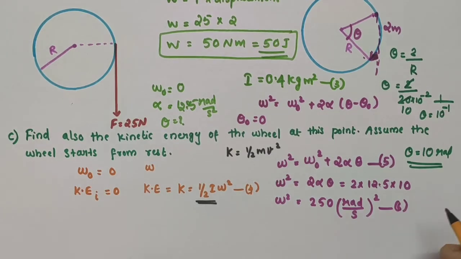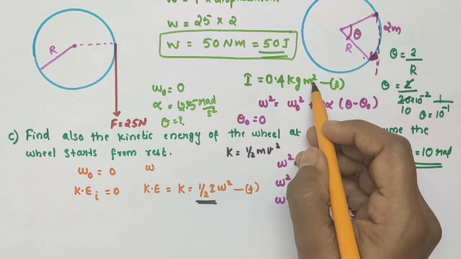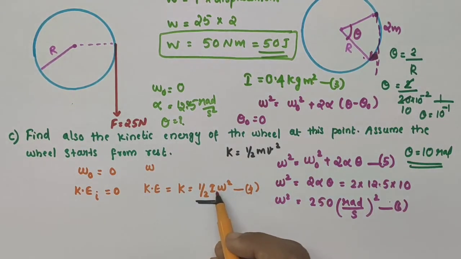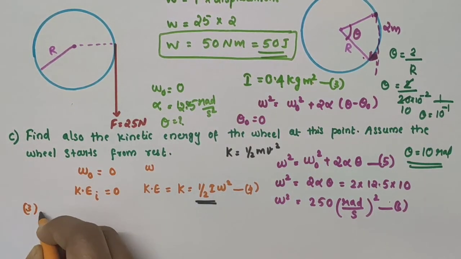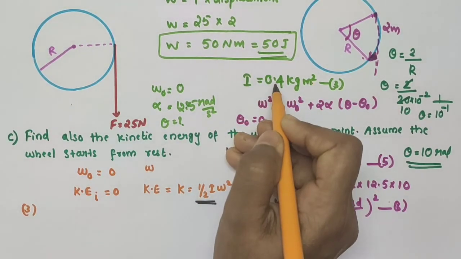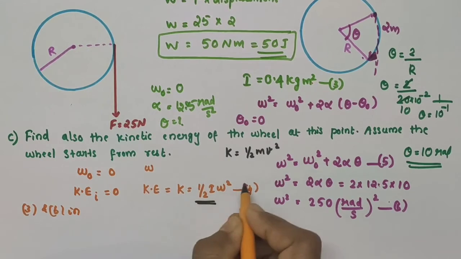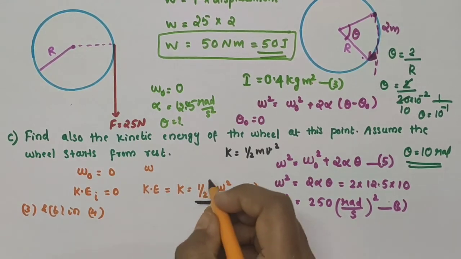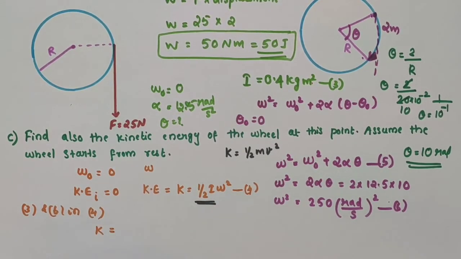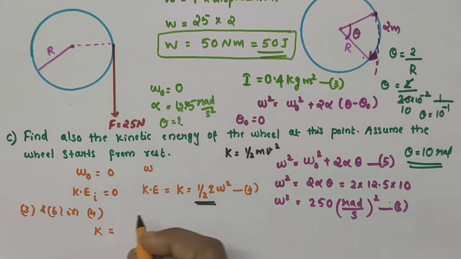Alright, next I am going to substitute the values from expressions 3 and 6 in equation 4. That is, kinetic energy gained, K is equal to half I omega square.